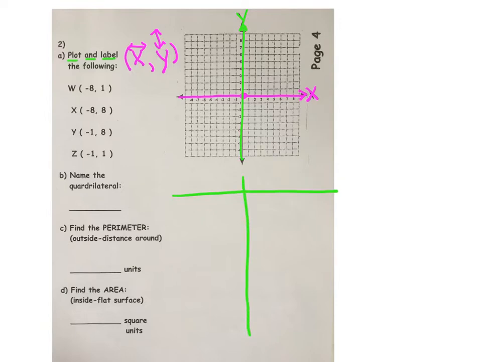You're going to calculate 2 measurements. You are going to calculate the perimeter. Please label that. And you are going to calculate the area. Remember, perimeter will be measured in linear units.